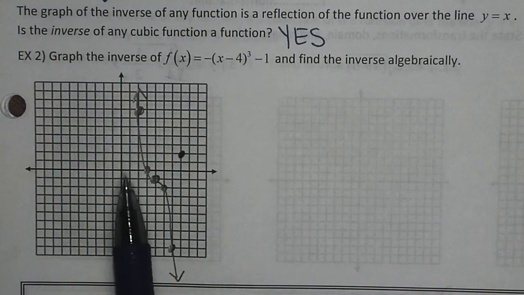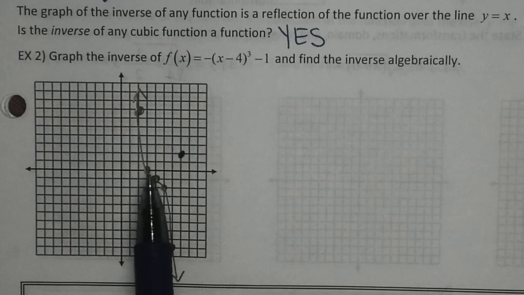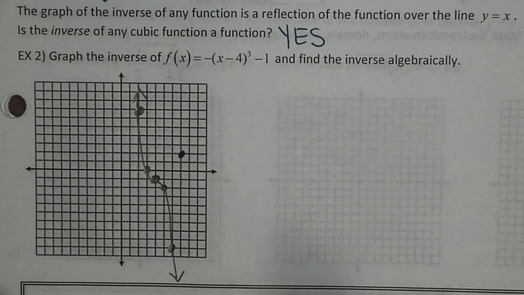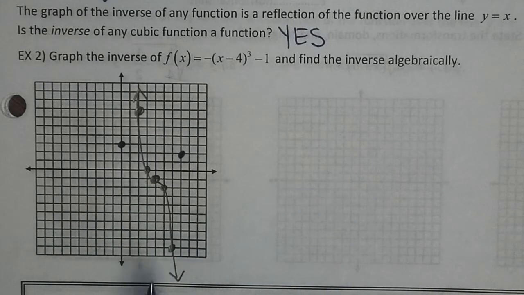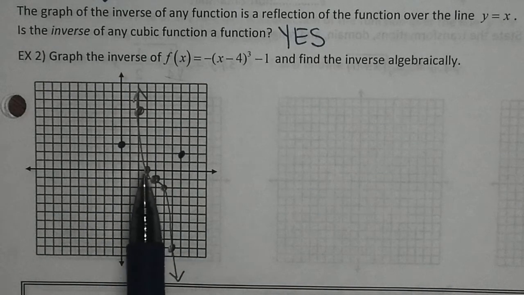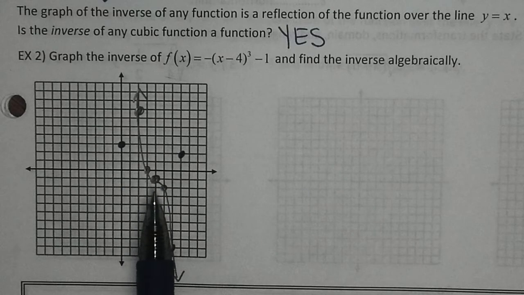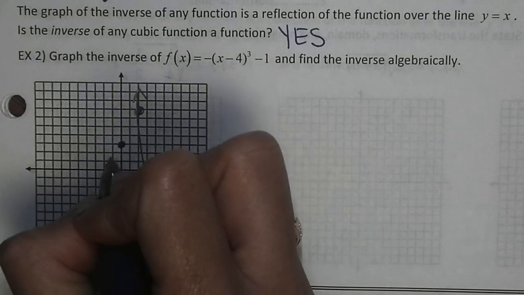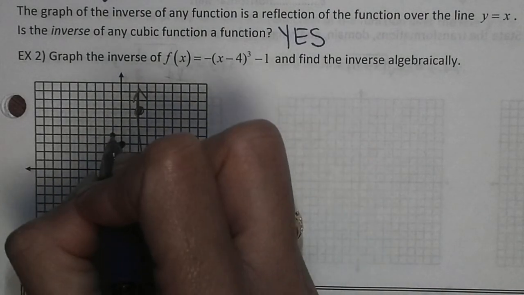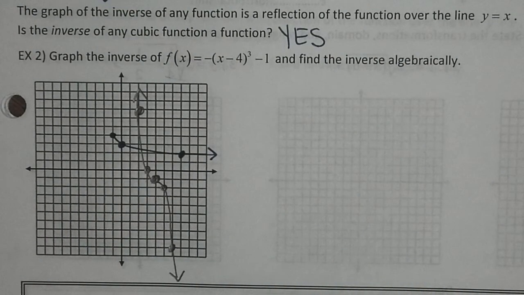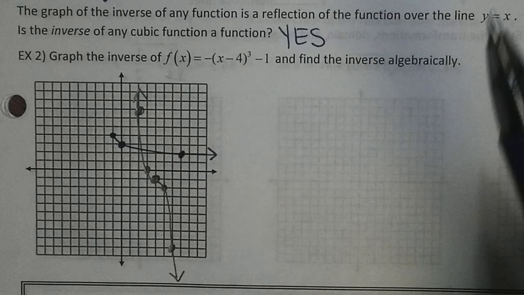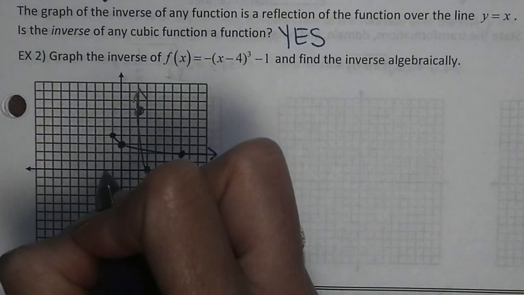Next, instead of graphing 3, comma 0, we're going to graph 0, comma 3. Next, my inflection point, instead of being 4, negative 1, is going to be negative 1, 4. Looks like that. And then the other side, instead of graphing 5, negative 2, I'm going to graph negative 2, 5.